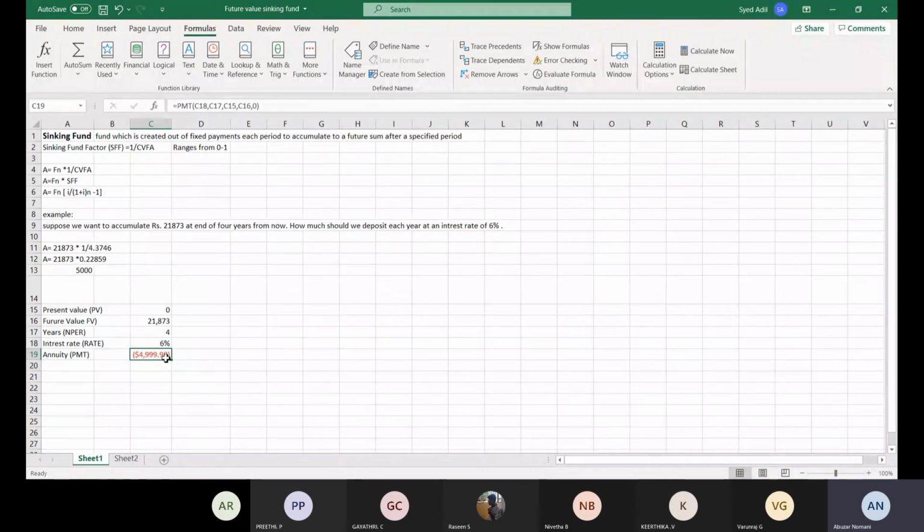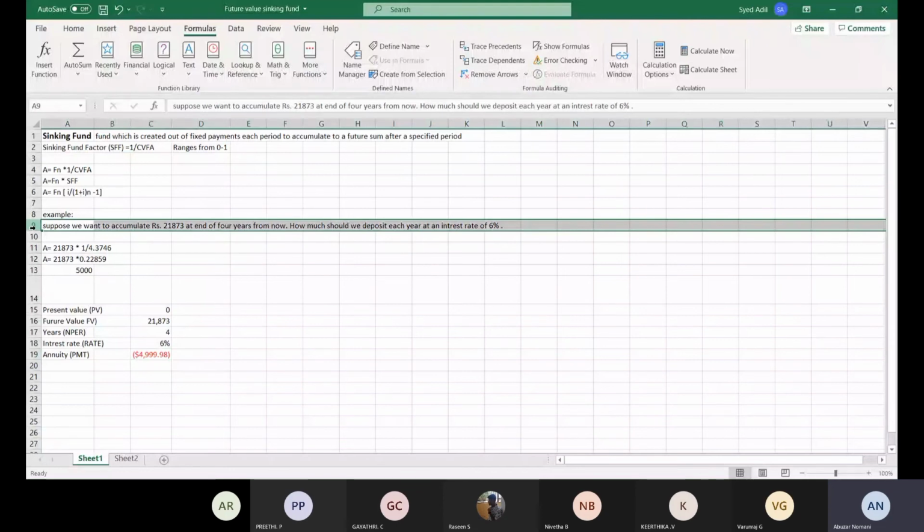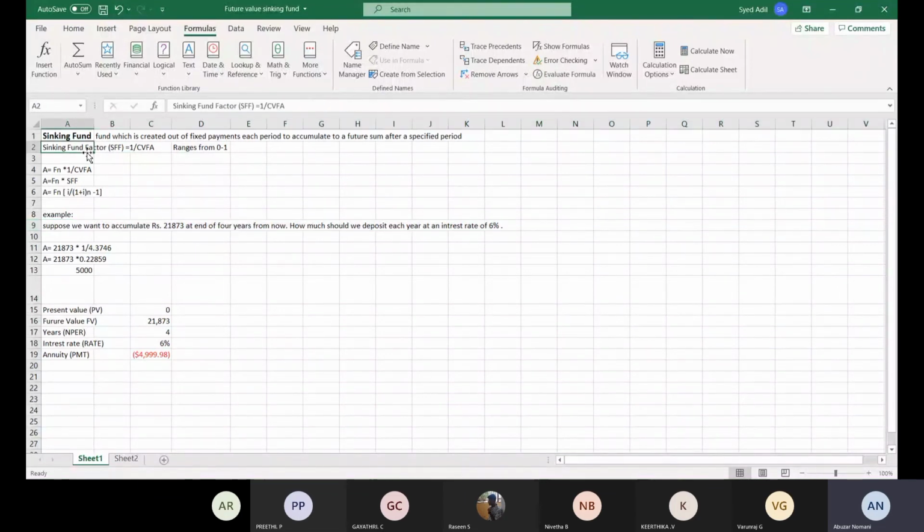Suppose we take this example. If you want to accumulate 21,873 at the end of 4 years from now, how much should we invest each year till the end of the fourth year if there is an interest rate of 6%, so that we will receive 21,873? For this calculation we need the sinking fund factor.